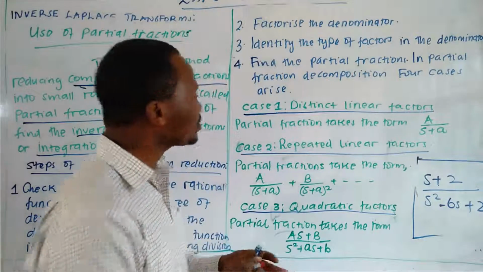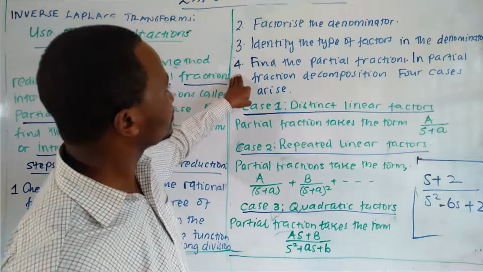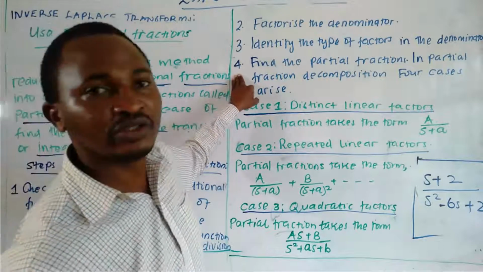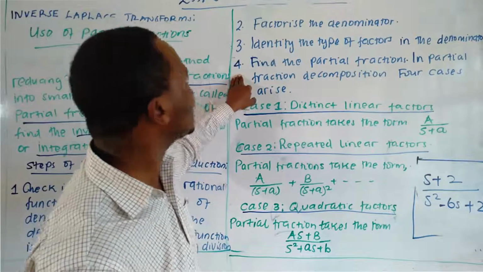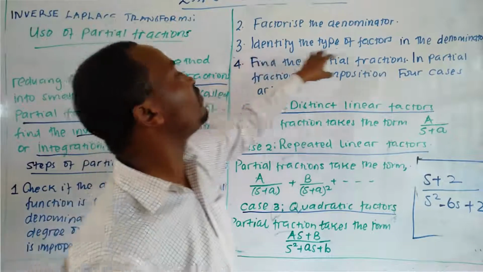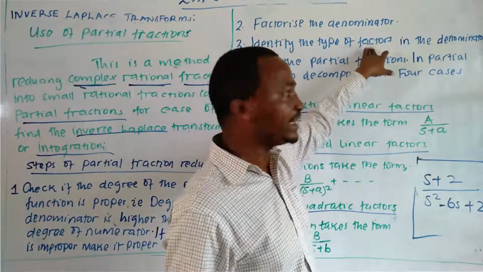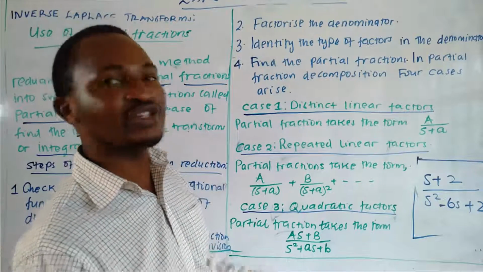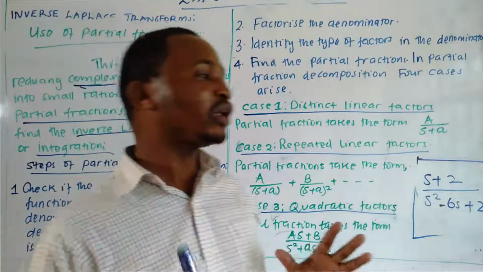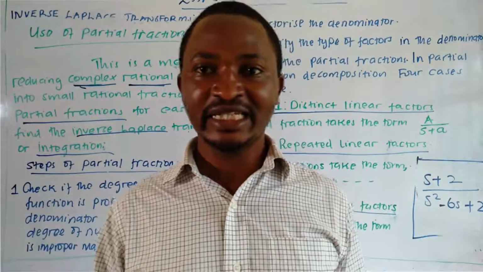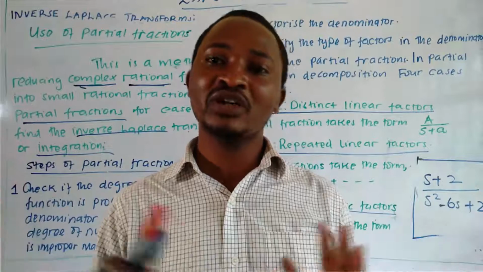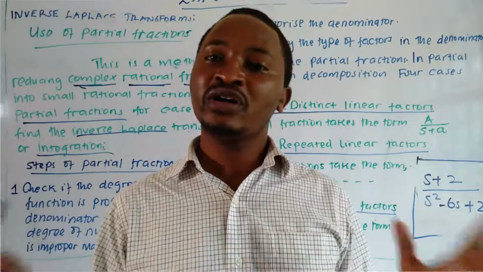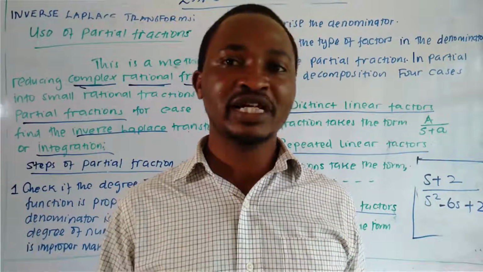And when getting the partial fractions, depending on the type of factors in our step 3, there will be 4 cases of partial fraction decomposition. But we're only going to discuss 3 because the fourth one is not common at all, and therefore it will not really affect us much.